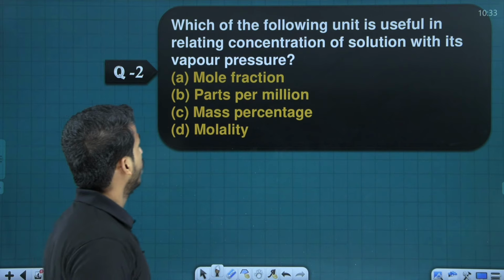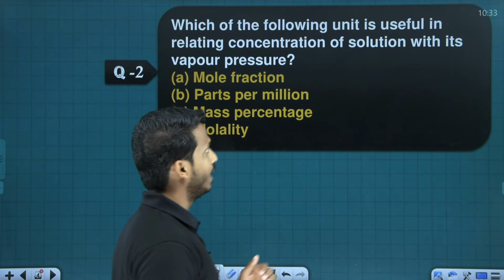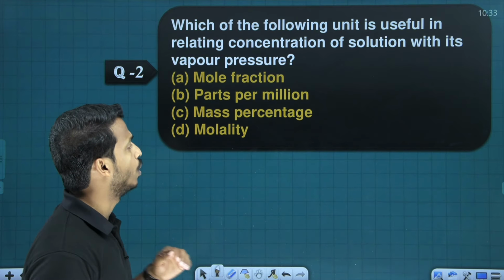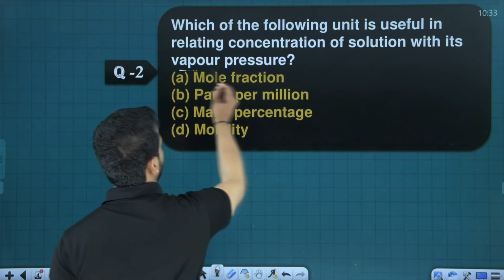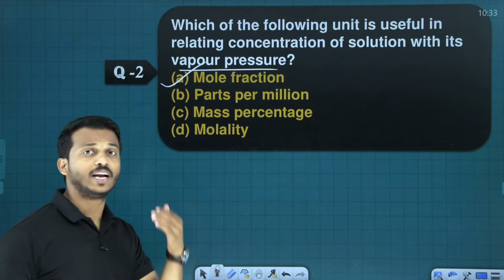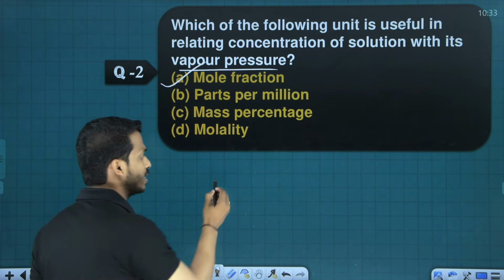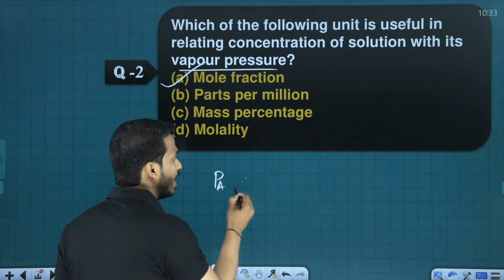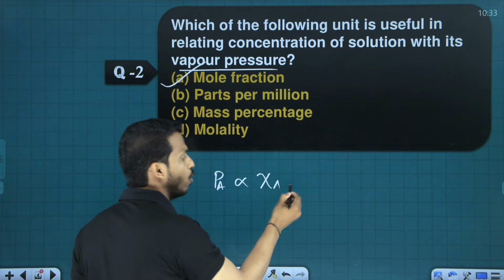Question number 2. Which of the following units is useful in relating the concentration of a solution with its vapor pressure? Which one? Mole fraction. We studied Henry's law. What is Henry's law? It says that the partial pressure, the vapor pressure of the gas, is directly proportional to its mole fraction.